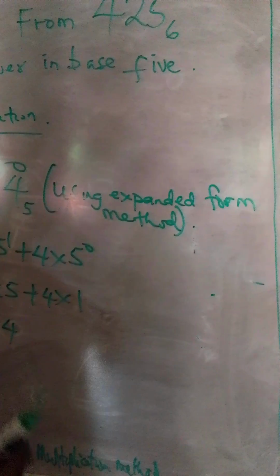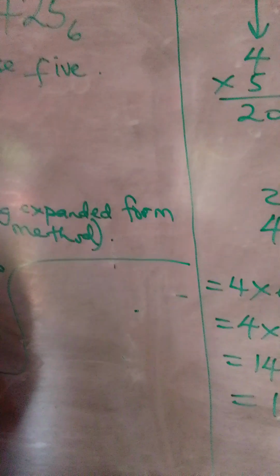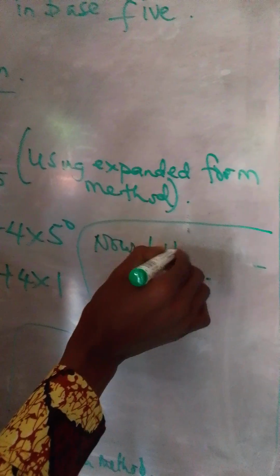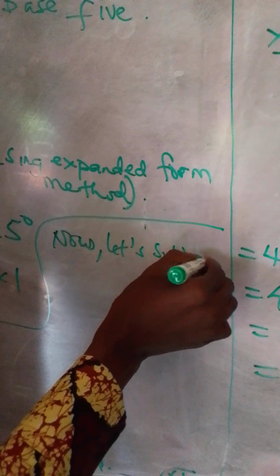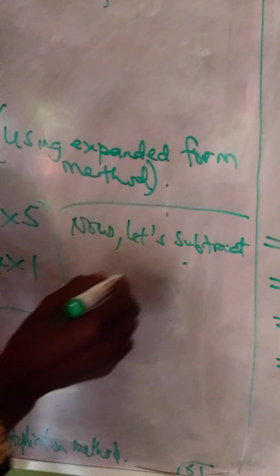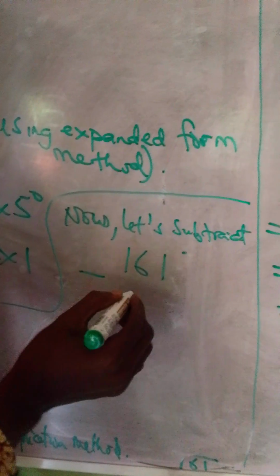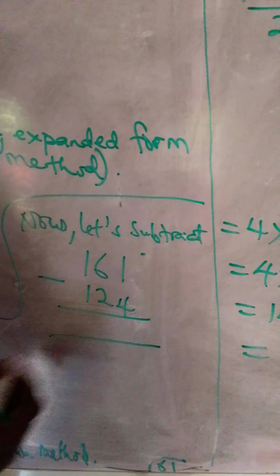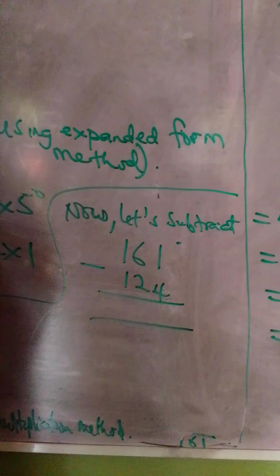Now that both numbers are in base 10, let me do the subtraction. Let's subtract. So we have 161 minus 124 in base 10 now. Both numbers are in base 10.